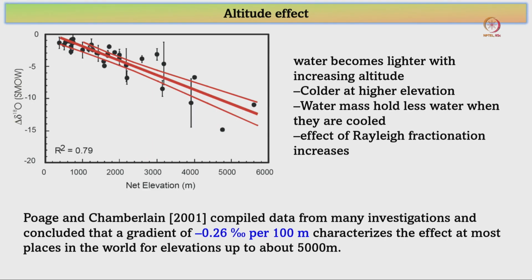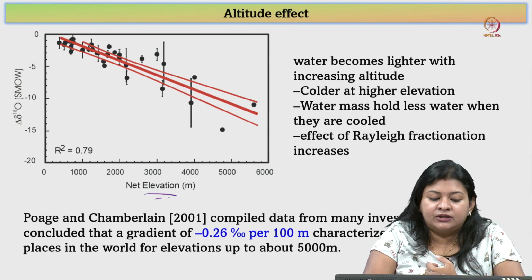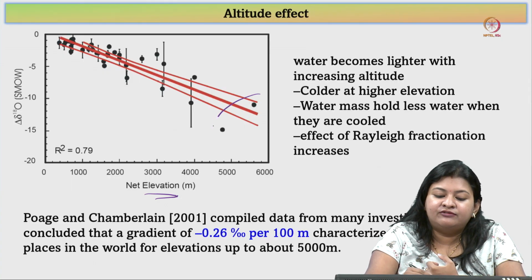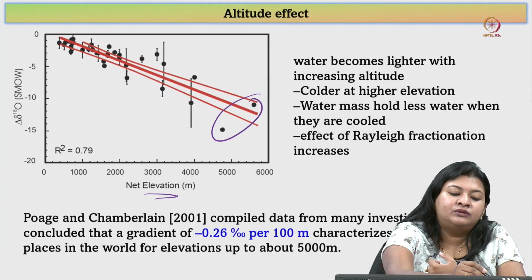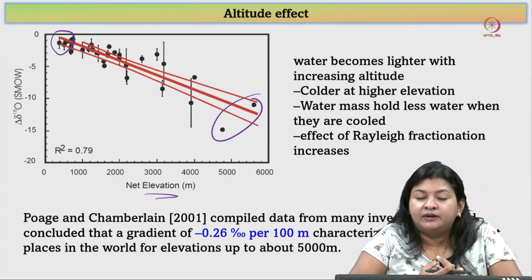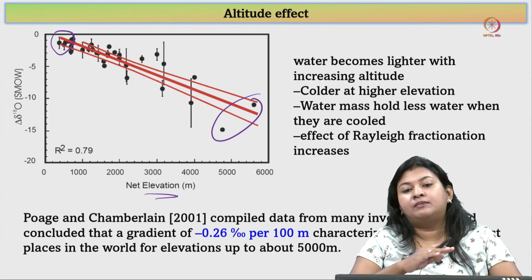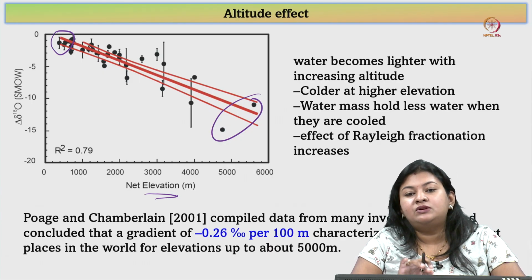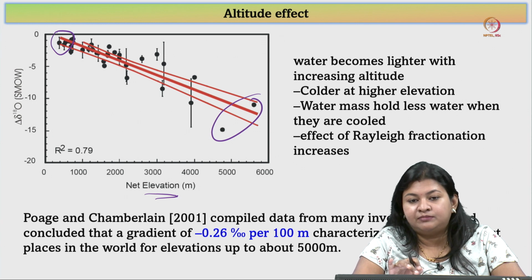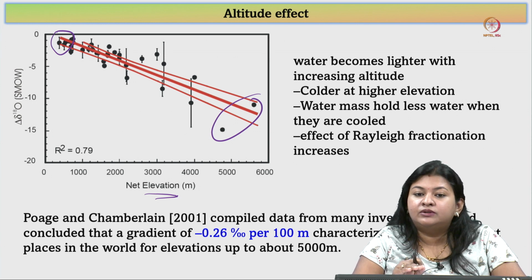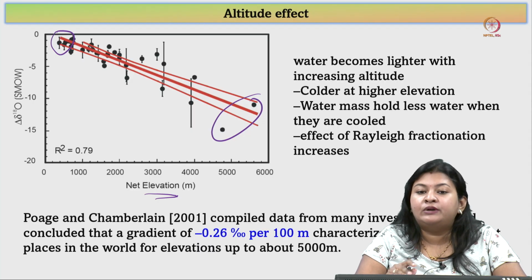So, what we see is that at higher elevation we have more and more negative values as compared to the lower altitude. As we go up the mountain, the value of delta 18O in the precipitation is going to decrease, it is going to go more negative.